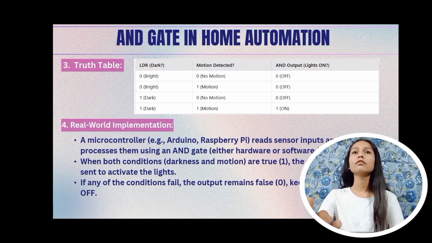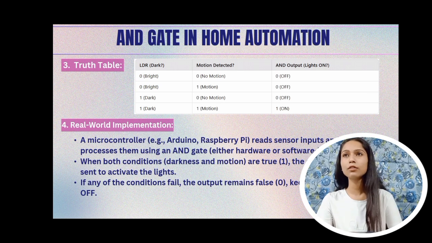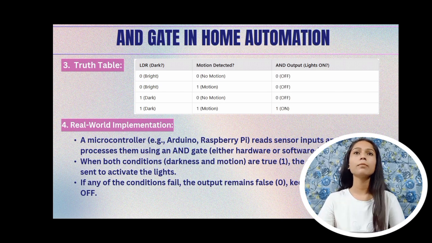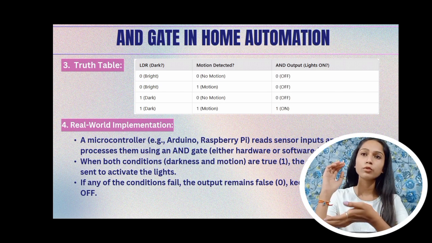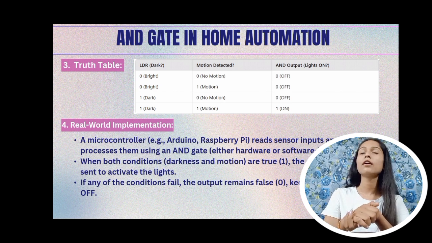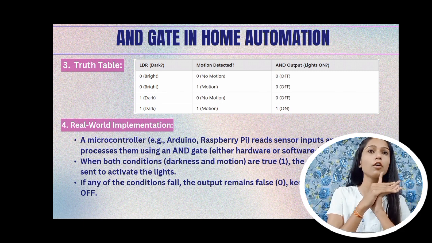When there is darkness and no one is present in the room, the light will remain off. When there is darkness and motion is detected, then the light will be turned on.